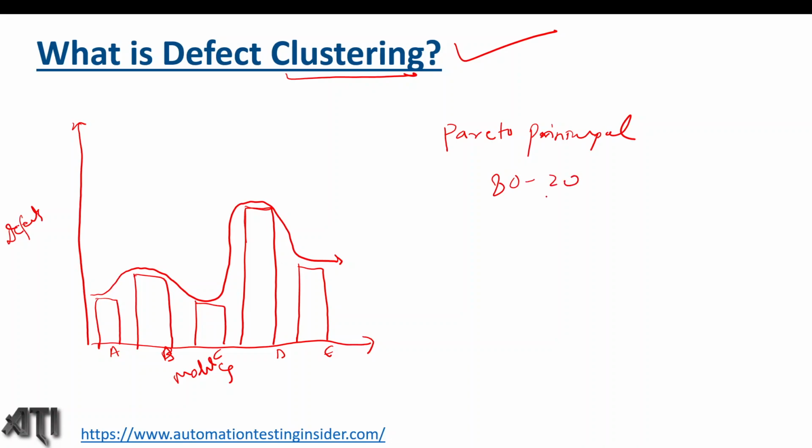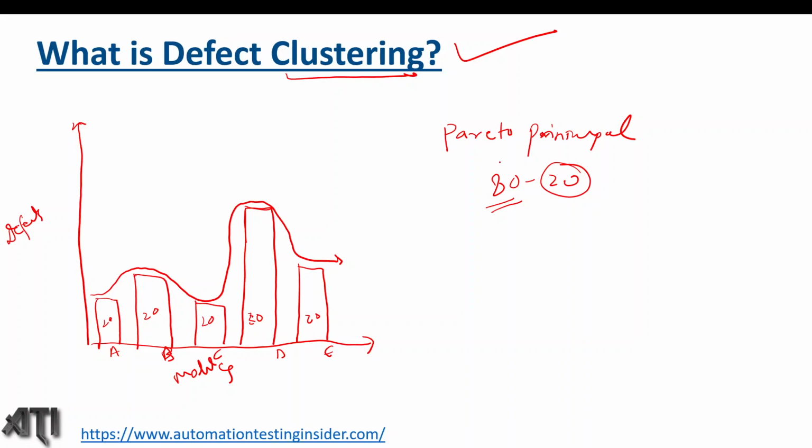So what does it mean? 80% of the defects are found in 20% of the modules. Here in this case we have 5 modules. Let's say size-wise the modules we have divided are each 20%. So the size-wise all the modules are the same, correct?